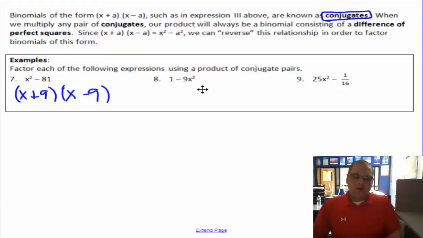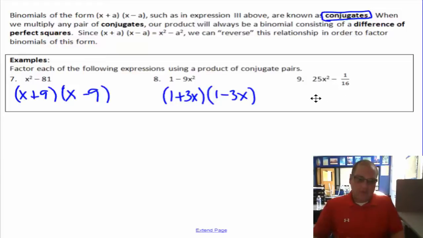What about here? Well, 9 is a perfect square, 3 times 3. X squared is x times x. The 1 is tricky, but you got to understand, 1 is 1 times 1. So it does work. And you have to keep the order. It's 1 plus 3x, 1 minus 3x. Here, I threw a fraction in there, not a big deal.